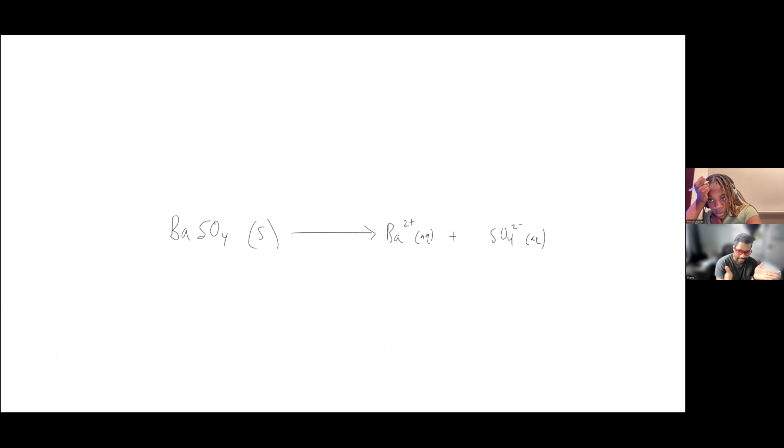Some of it will dissolve, but a lot of it won't, because there would be too high of a concentration. So your KSP value represents the max concentration for something to be soluble.